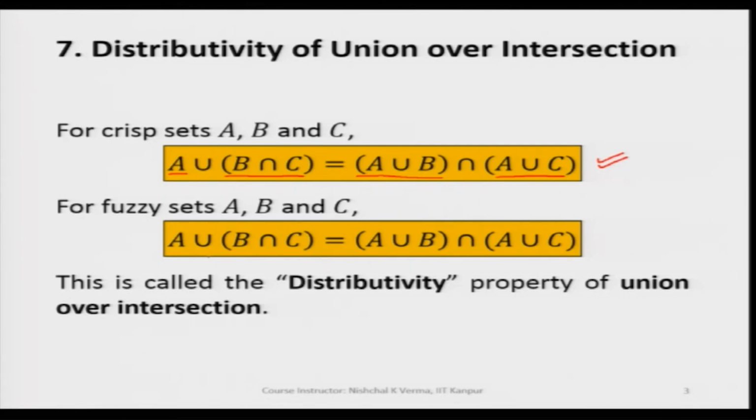This means that when we take union of A and B intersection C, this also is equal to the intersection of A union B and A union C, where in this case A, B, C, all these are fuzzy sets. So, let us now understand by taking some examples.